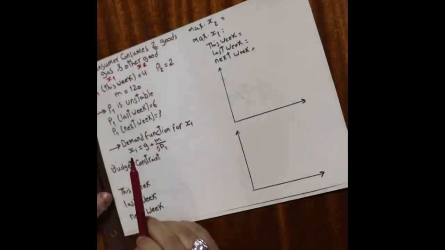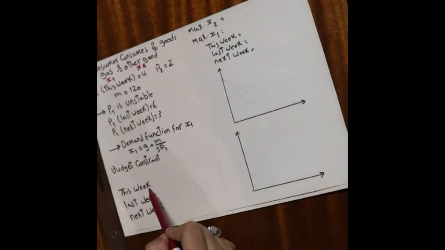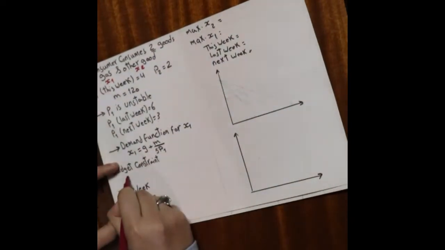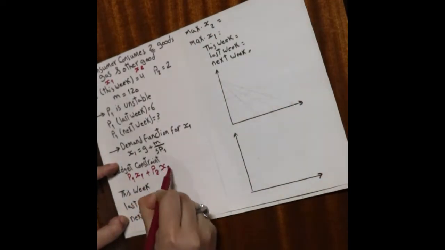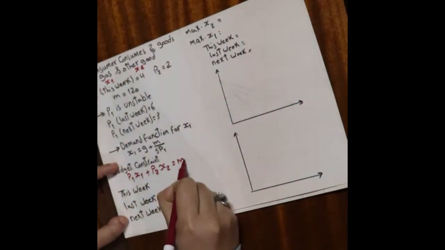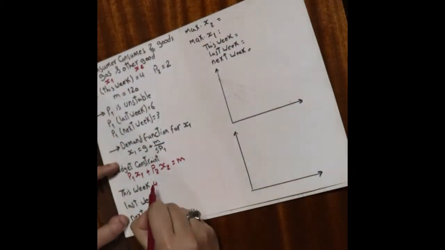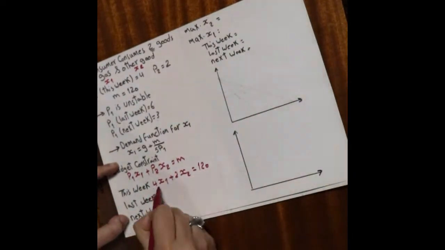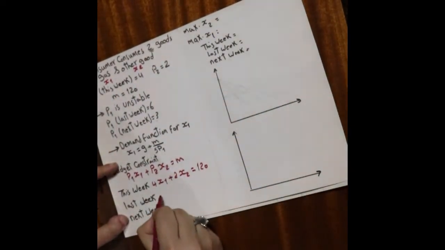So I will have three budget constraint equations: for this week, last week, and next week. The budget constraint equation is b1 x1 plus b2 x2 equals m. This week it will be 4x1 plus 2x2 equals 120, where 4 is the price of gas this week.